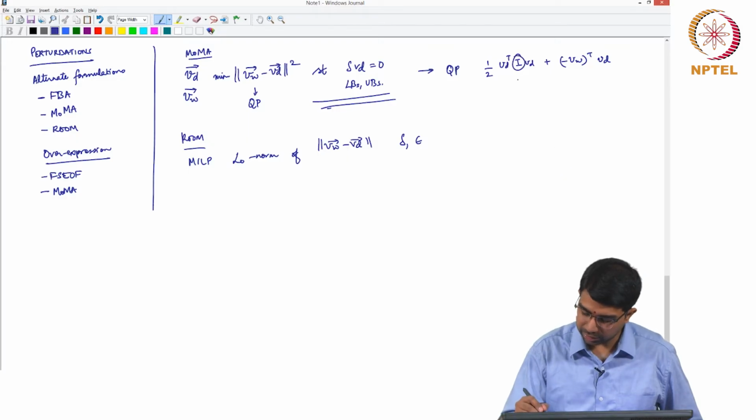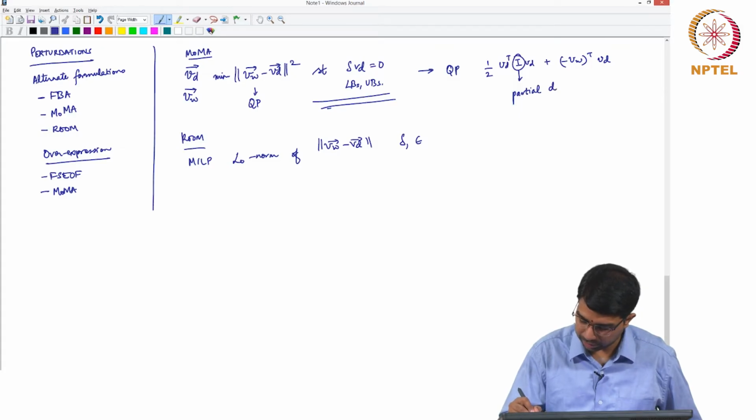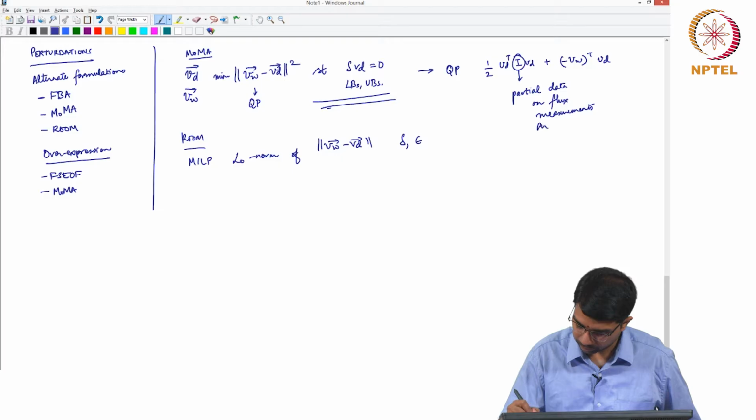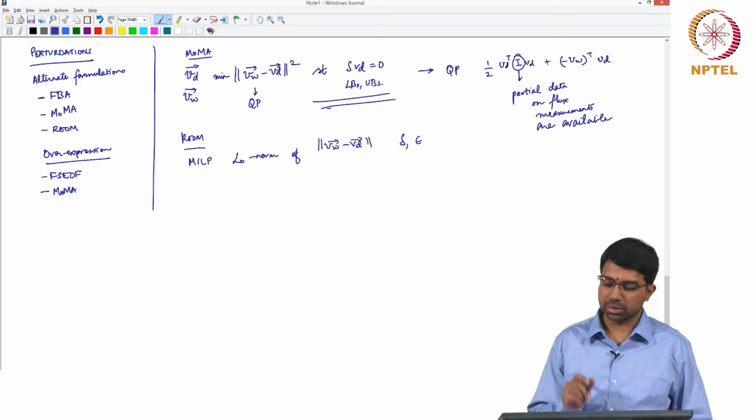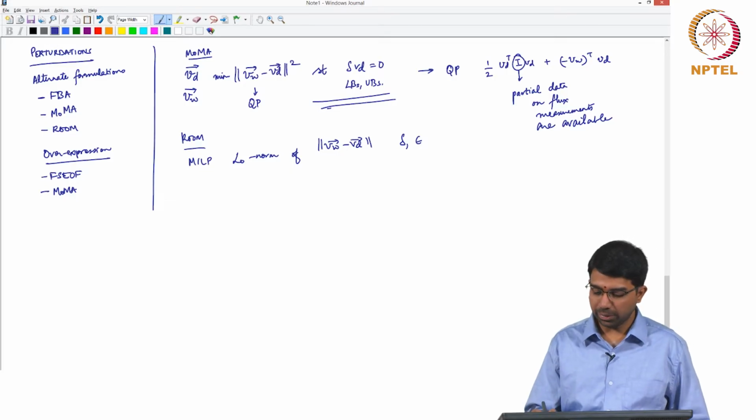We then said that this matrix will change if only partial data on flux measurements are available, right. This is something I want you to verify.